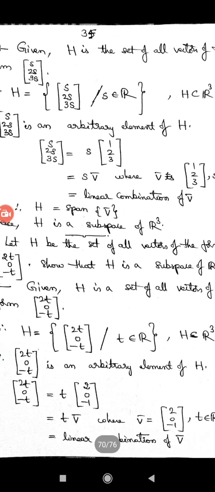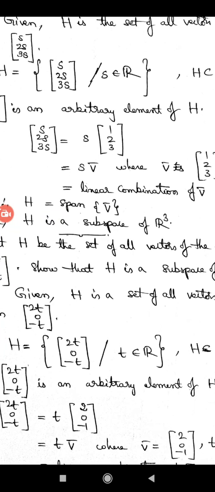Hence H is a subspace of R3. By the above theorem, what we have proved in the previous video lesson, therein we have seen that if v1, v2 are any two vectors in a vector space V, then span of v1, v2 will be a subspace of V. So here also H is equal to span of v bar.